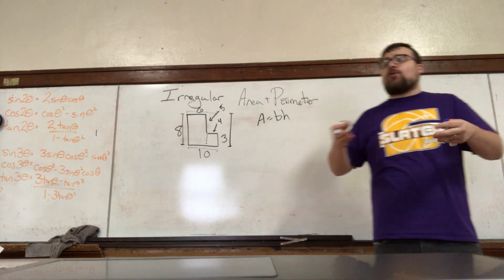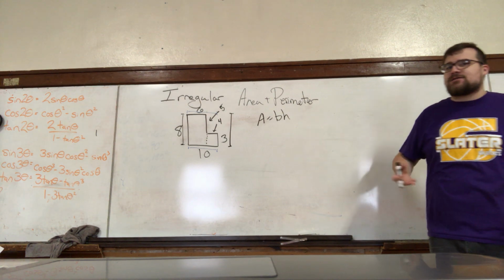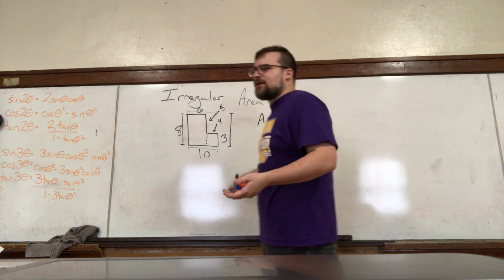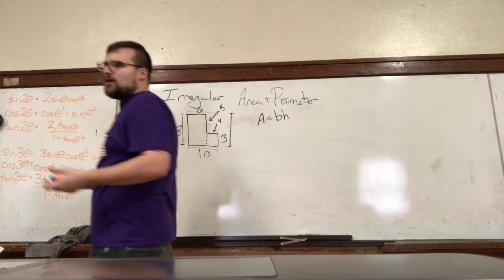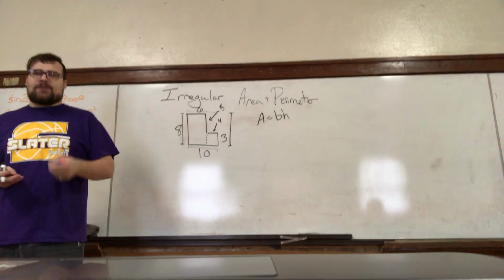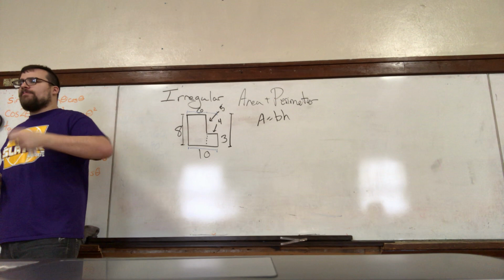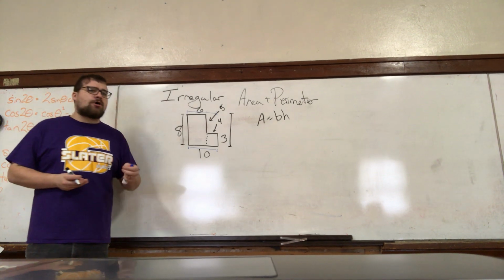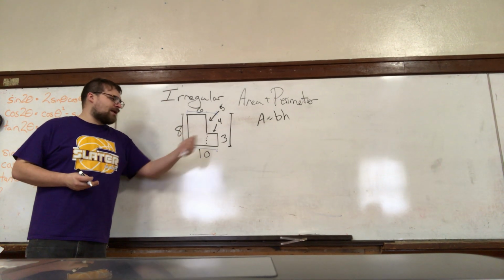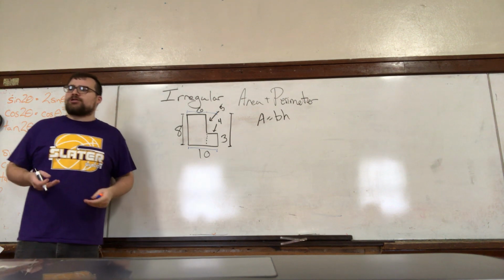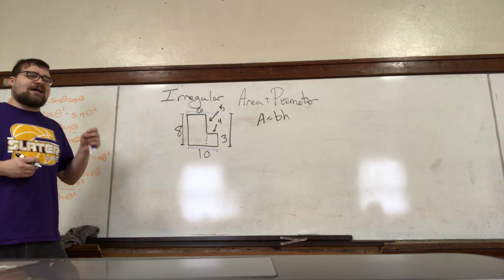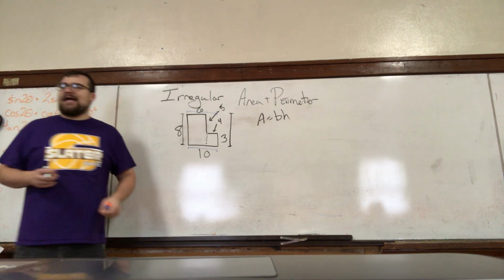There's not an area formula for that. It doesn't exist because it's an irregular polygon. But if we separate this irregular hexagon into two shapes we are comfortable with, a rectangle and a rectangle, we're in a much better place. We can find the area of these separately and add them together.